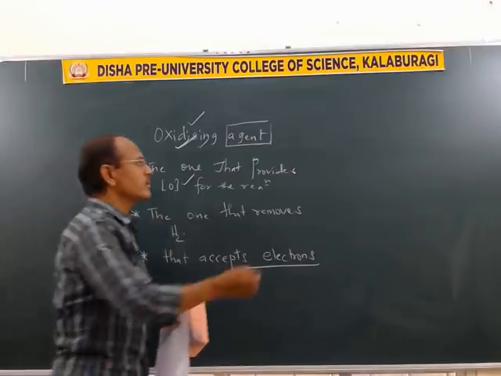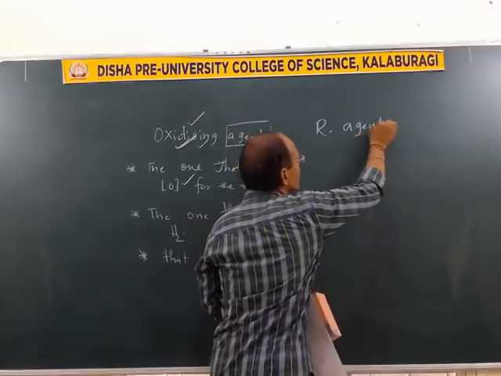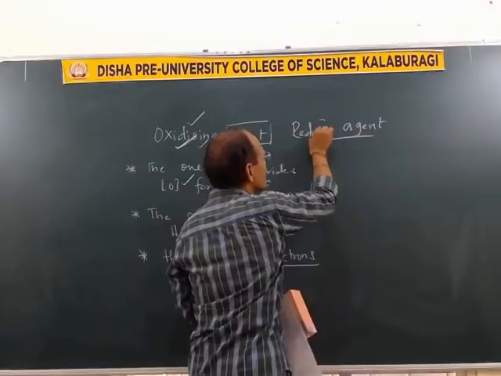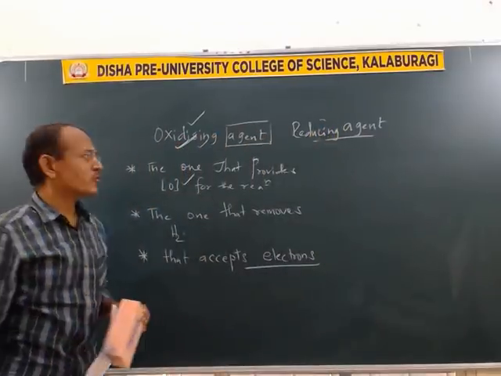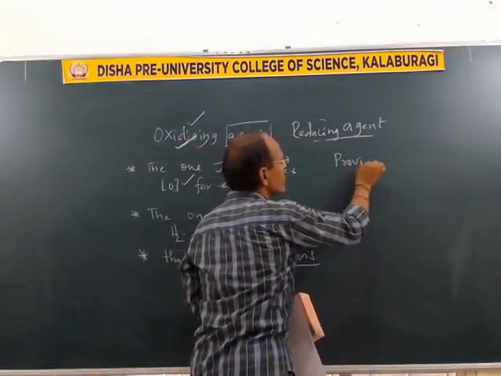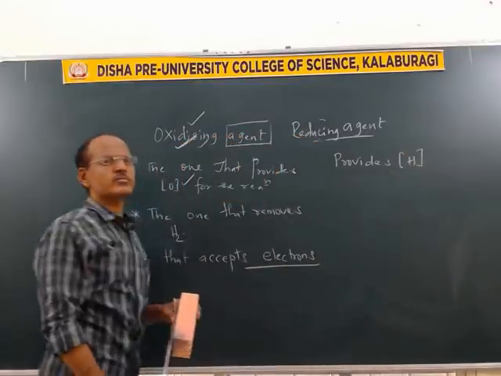Like that, reducing agent. R stands for reducing agent. So reducing agent: the one that provides nascent hydrogen for the reaction.